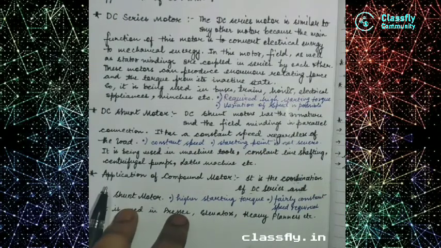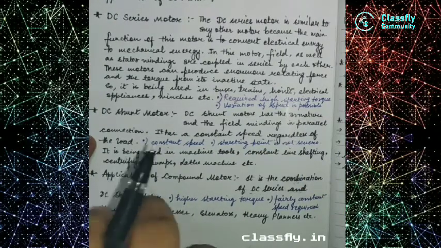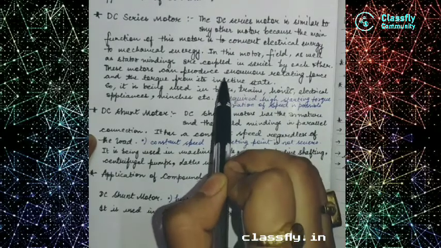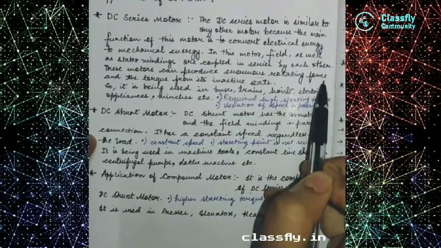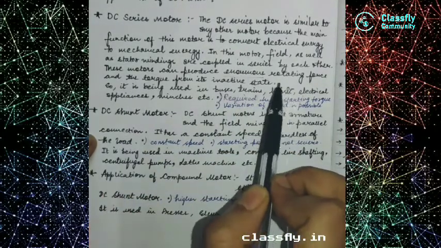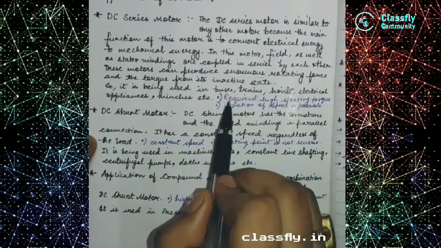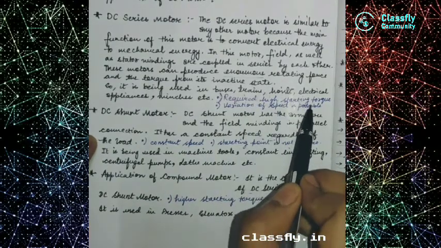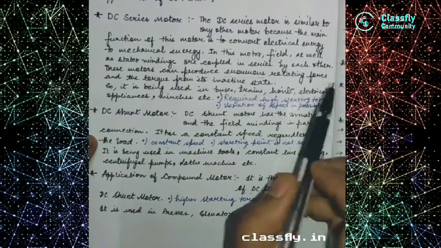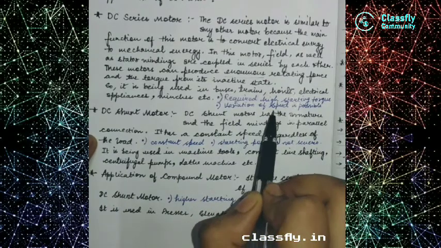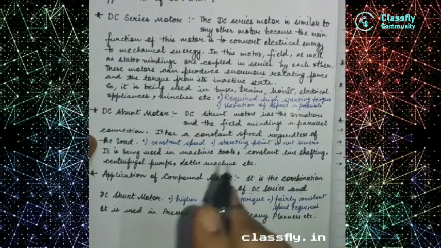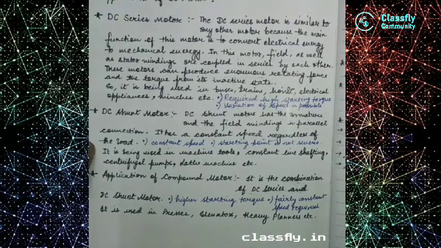So there are four properties: enormous rotating force, torque from its inactive state, high starting torque, and variation of speed, which means there will be a lot of variation in the speed.